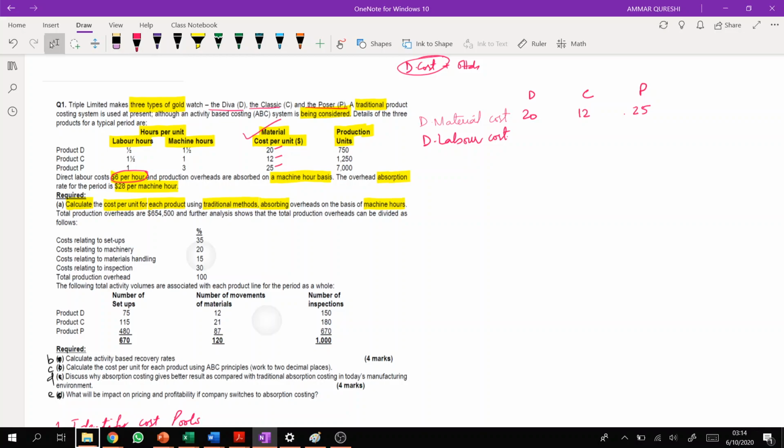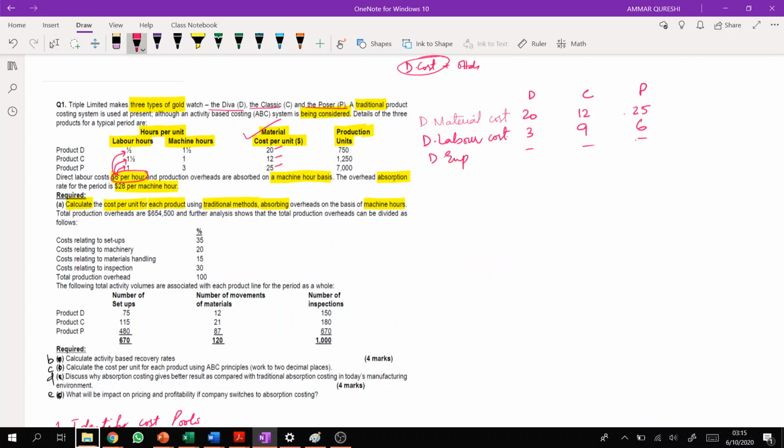So it's simple. 6 multiplied by 0.5 is 3. 6 multiplied by 1.5 is 9. And 6 multiplied by 1 is obviously 6. There is no direct expense, so you don't need to add that.